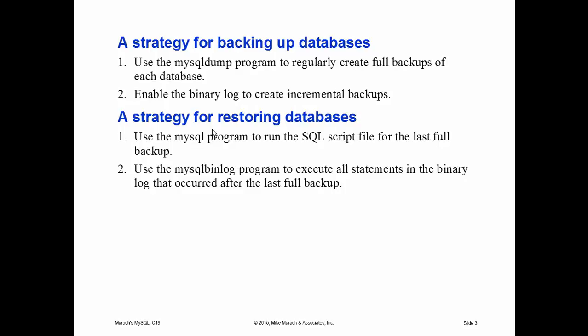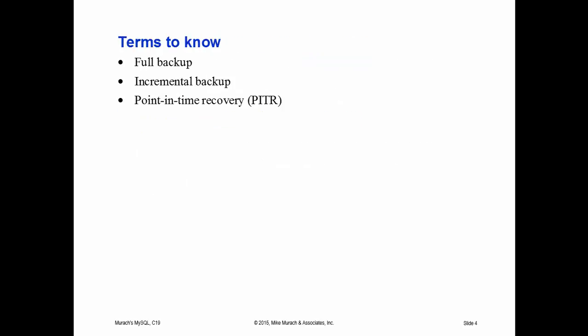To restore a database to a point in time, you can use the last full backup. Then you can add to that a binary log to restore the database from the time of the last backup till that point in time. And that's what they're talking about here. So terms to know. Again, a full backup includes the structure and content of the database.